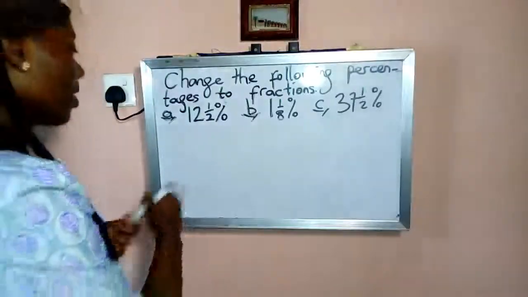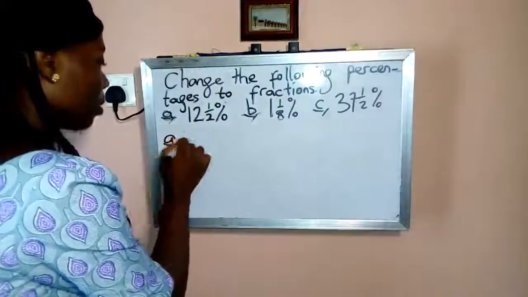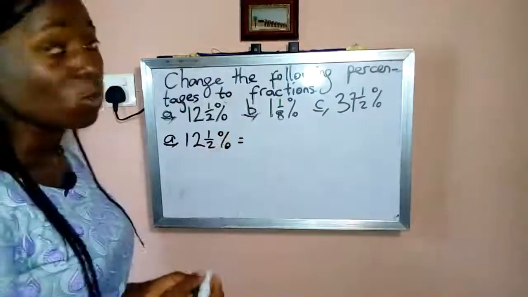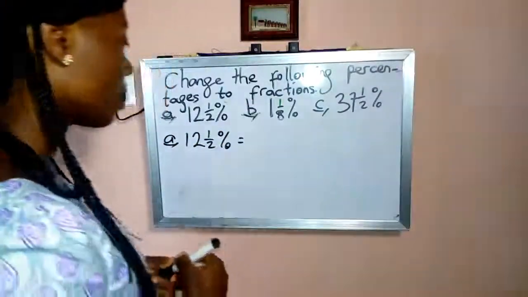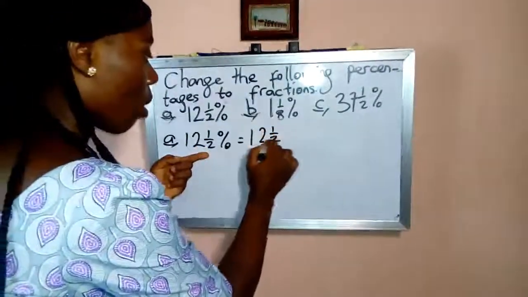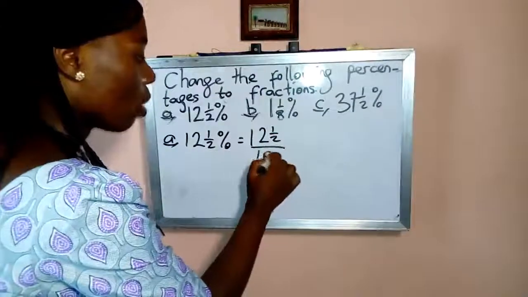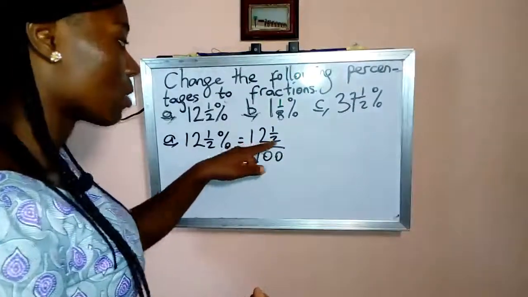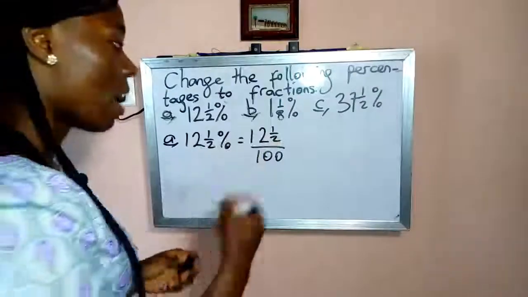Let's start from the first one here, which is 12 whole number 1 over 2%. As we have always been doing it, what you do is simply write this as your numerator, all over our percent, which is 100. Now, some people would simply transform this to an improper fraction.